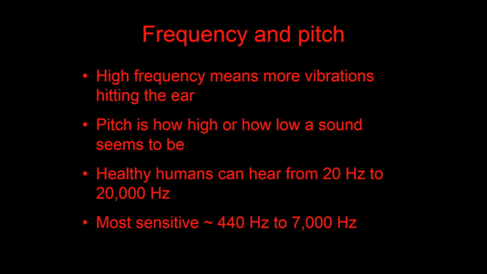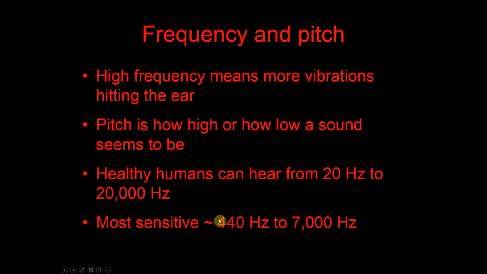Generally, high frequencies mean more vibrations hitting your ear. The pitch of a sound is how high or how low a sound seems to be. When we're talking about frequency, a normal healthy human can hear from about 20 Hz to 20,000 Hz. This is quite a range, 20 Hz to 20 kilohertz.